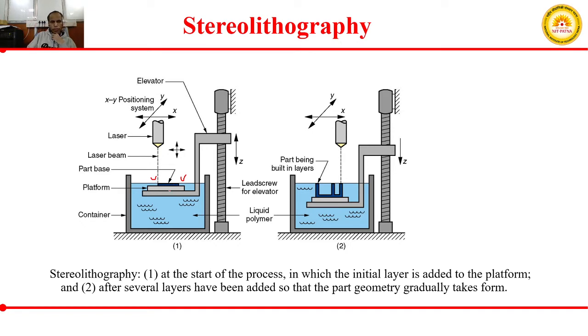As soon as the solidification of the first layer is completed, your base or platform is lowered by the distance delta z, which is equal to your layer thickness, so you can say delta t.